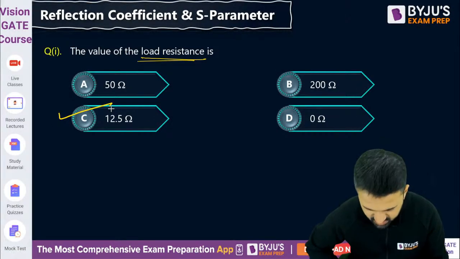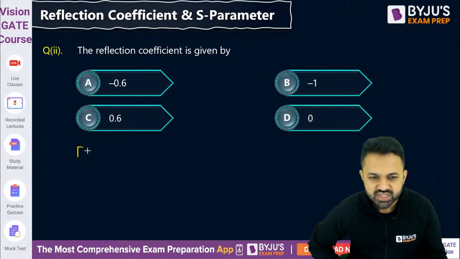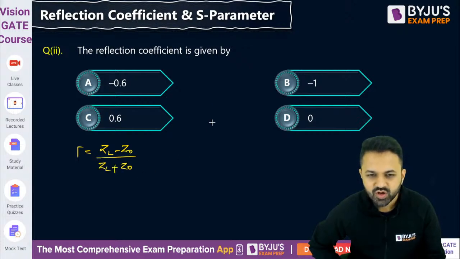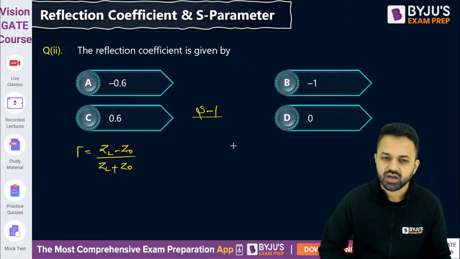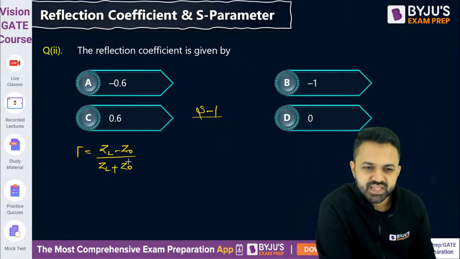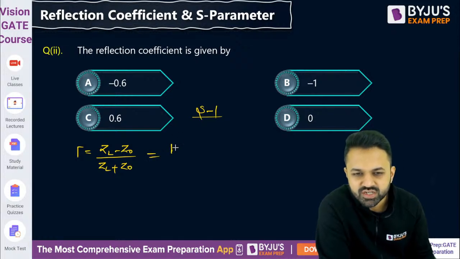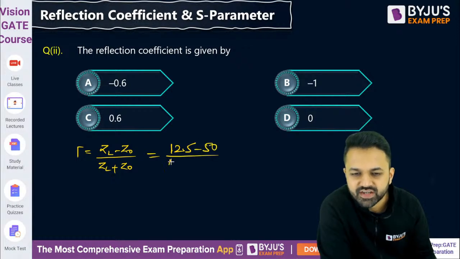12.5. Yes, everybody has given 12.5. And the reflection coefficient is ZL minus Z0 divided by ZL plus Z0. Because you have already got ZL, this is 12.5 minus 50 divided by 12.5 plus 50.